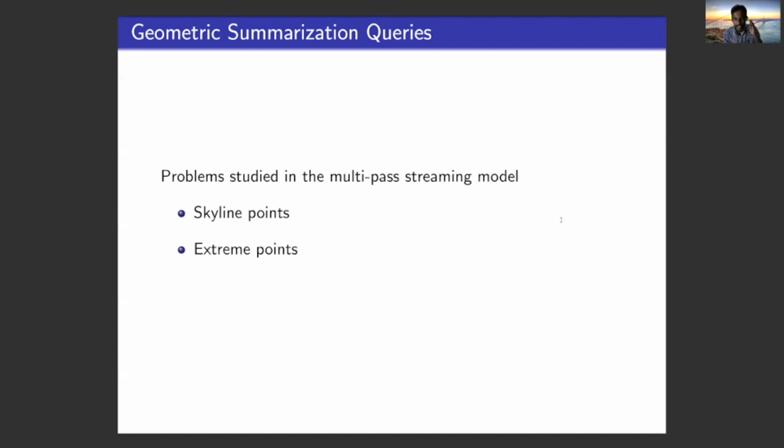In some sense, they summarize the data in different ways. For the rest of the talk, we'll mainly focus on the Skyline points problem and explain the key ideas in the paper via this problem. These two are extremely fundamental problems in computational geometry.